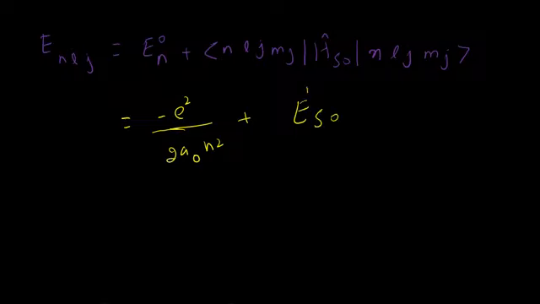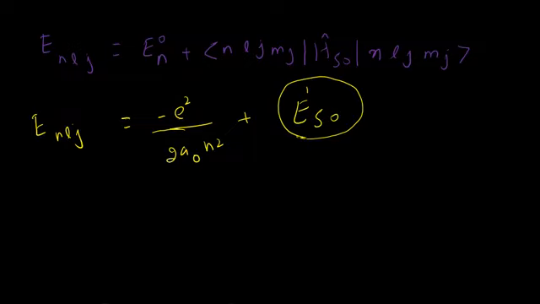So what we need to do now is calculate this first order correction to energy due to spin-orbit coupling. So now we will calculate this energy term.